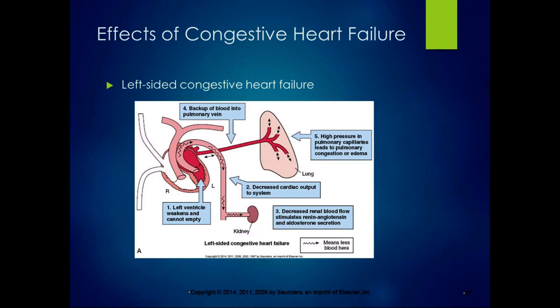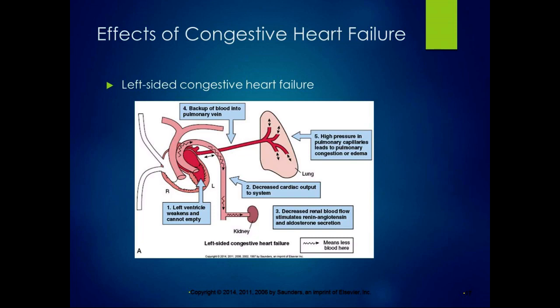So that causes decreased cardiac output to the system, and decreased cardiac output causes decreased renal flow, which stimulates renin, angiotensin, and aldosterone secretion. So that's going to affect your blood pressure. You get backup of blood into the pulmonary vein and high pressure in the pulmonary capillaries, leading to pulmonary congestion or pulmonary edema.